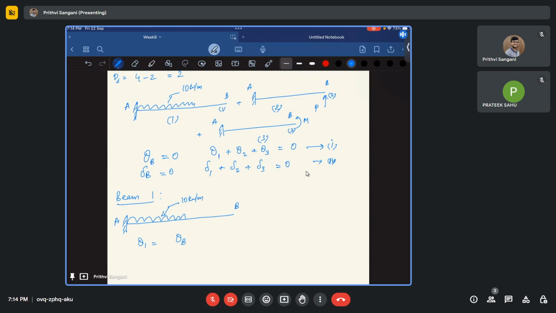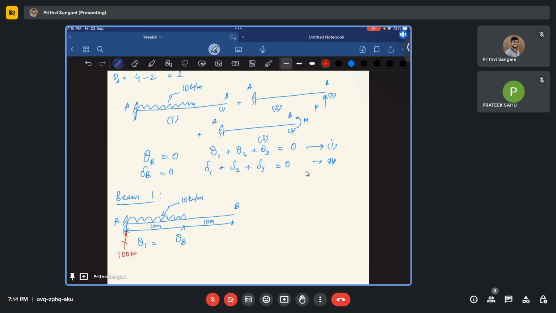So this is 10 kilonewton per meter. So what is the force here? 10 times, this is 10, right? This is 10 meters. So my vertical reaction will be 10 times 10, that is 100 kilonewton upwards.